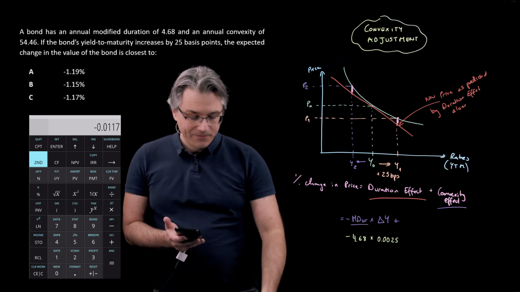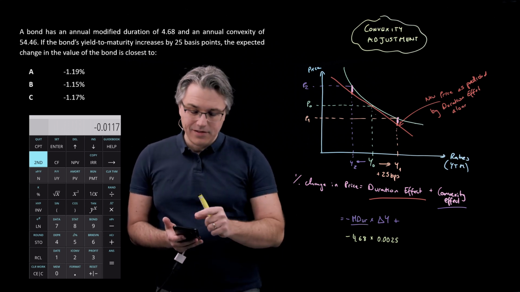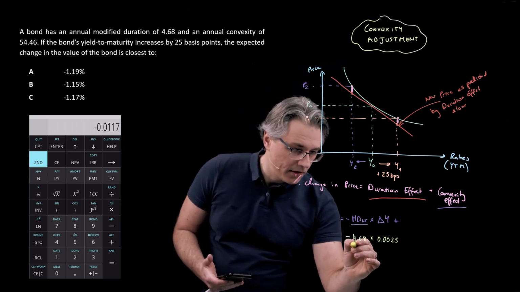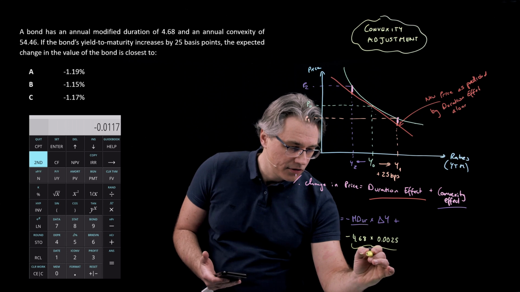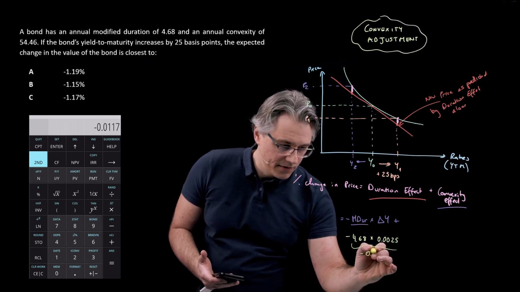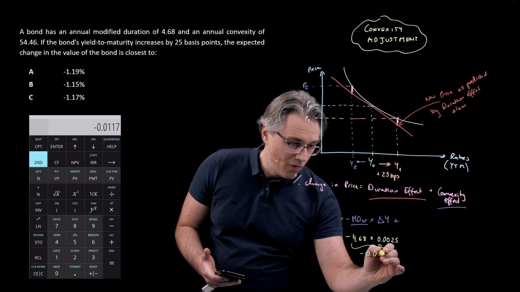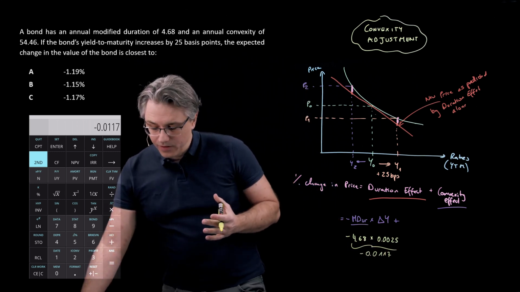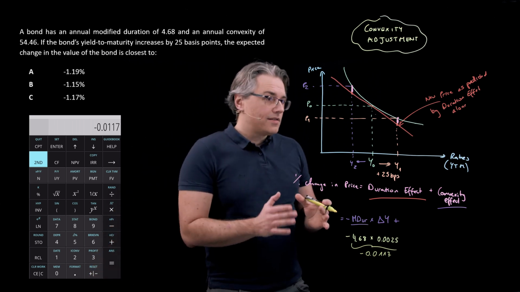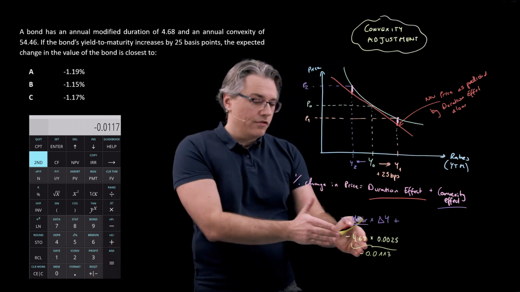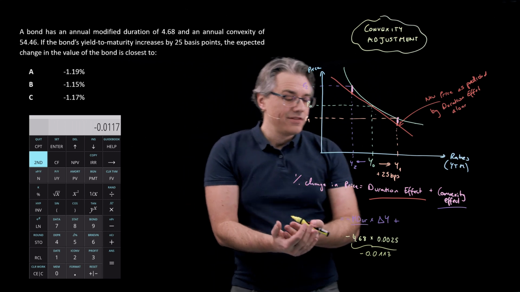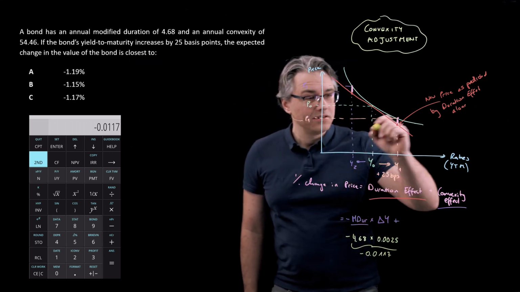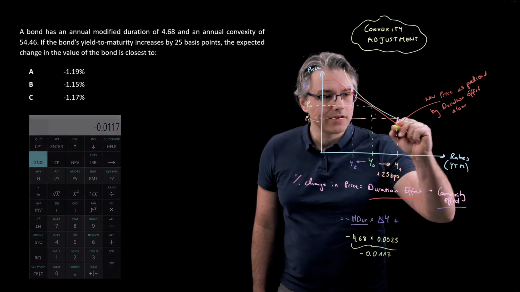And I can see a negative 0.0117 from this computation. So negative 0.0117, and this would actually be synonymous with an expectation of a 1.17% drop in value. But this is the duration effect alone.